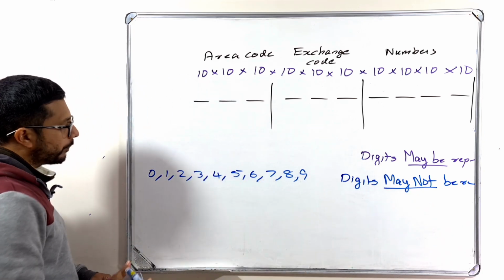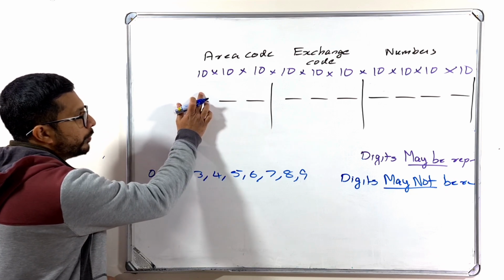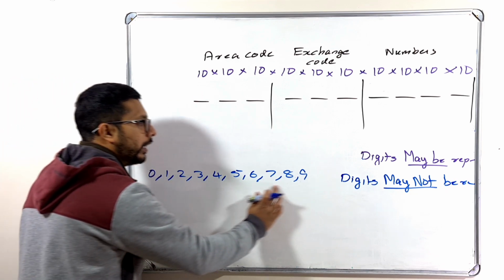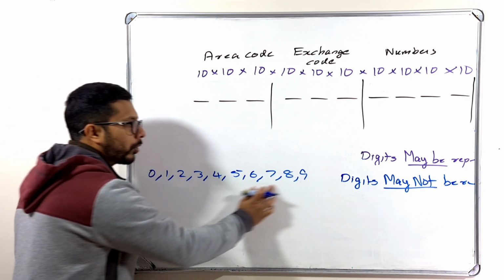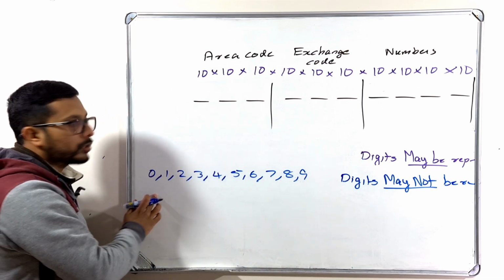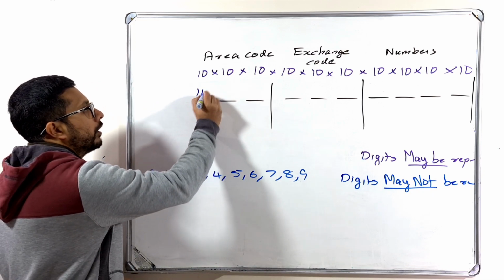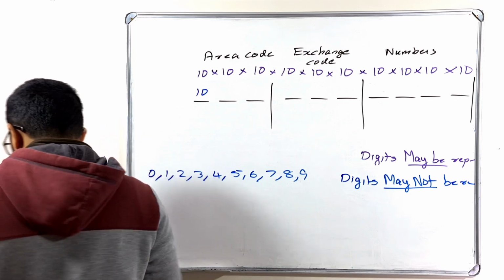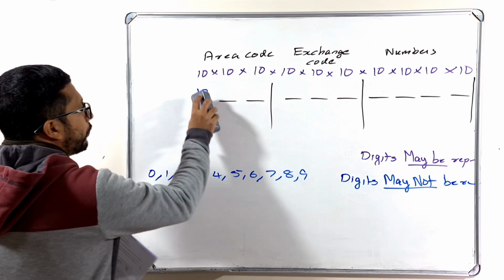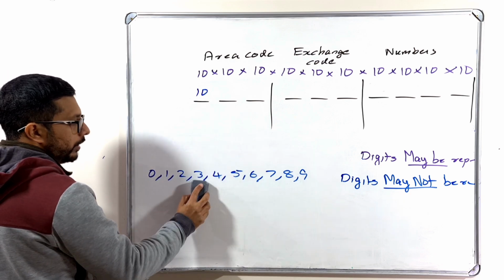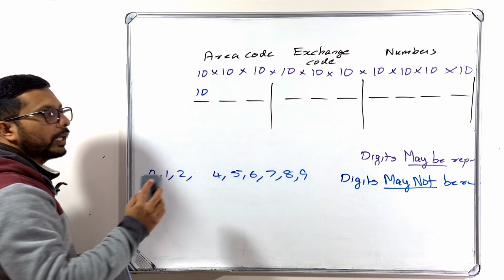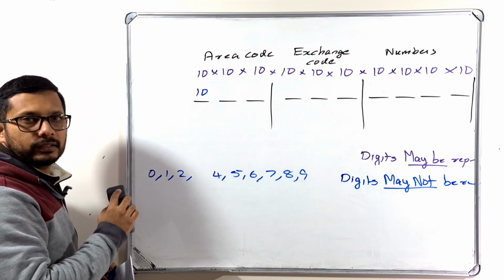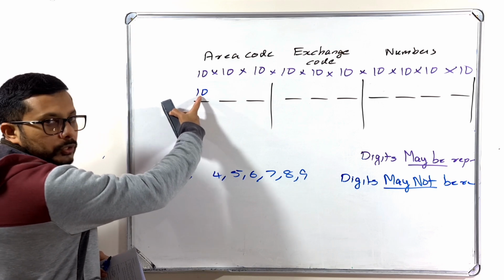It means that for this position to be filled, I am allowed to take any one number of these 10 numbers. So how many options do I have here? 10 options. Then assume that I took 3 for this position.